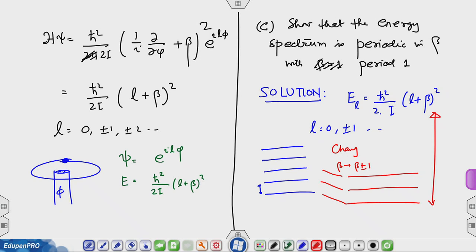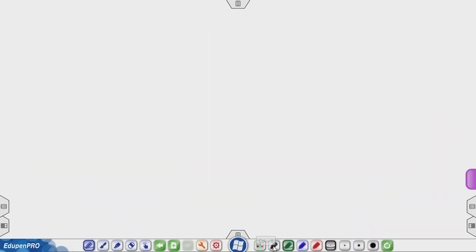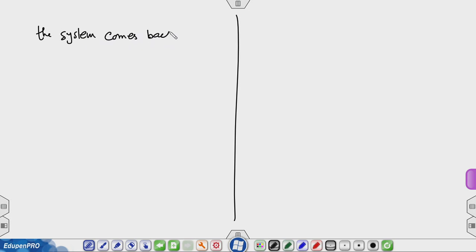And what that means is that if flux is changed by phi 0, the system comes back to itself.